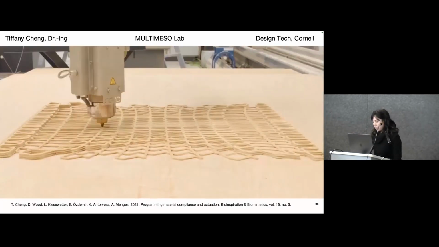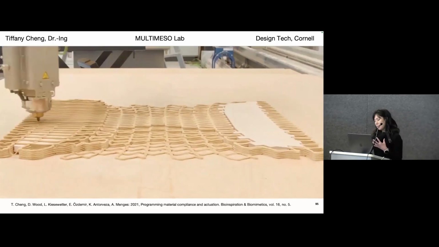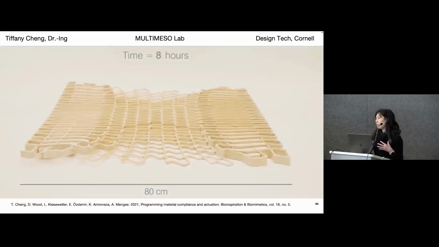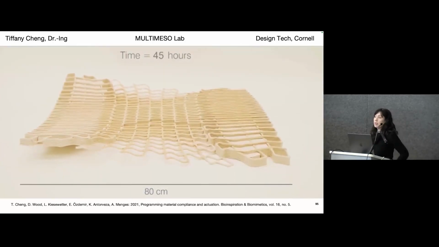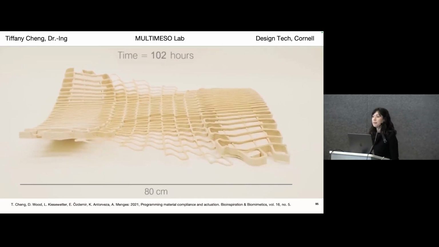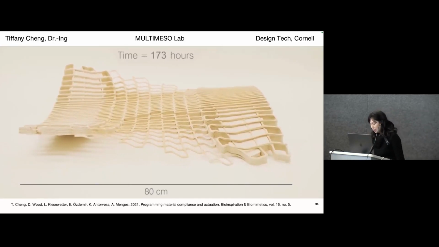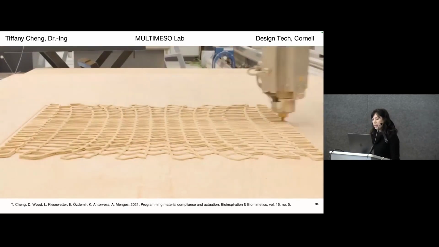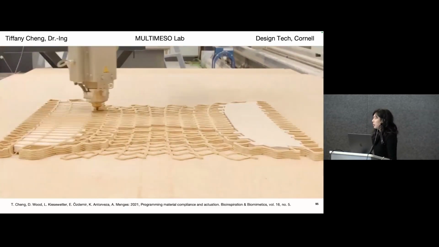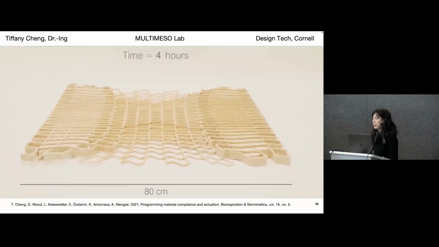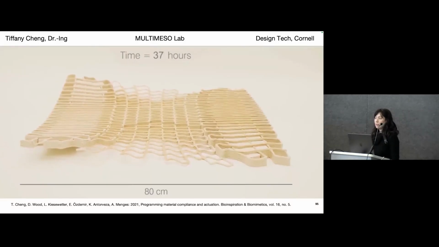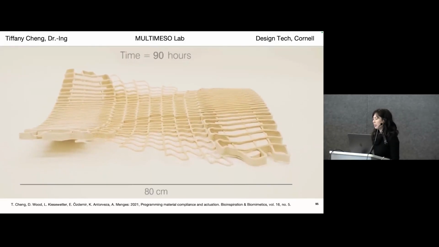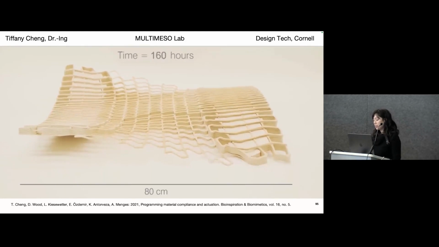So I also want to mention that we can take these methods from the desktop hobbyist scale to also the large scale using robotic additive manufacturing. I also want to emphasize that everything that we are fabricating is actually fabricated flat, which makes it very efficient and possible to tune the mechanical properties.